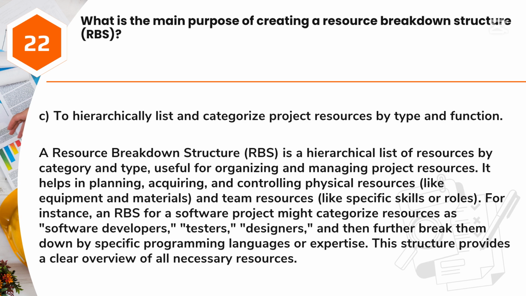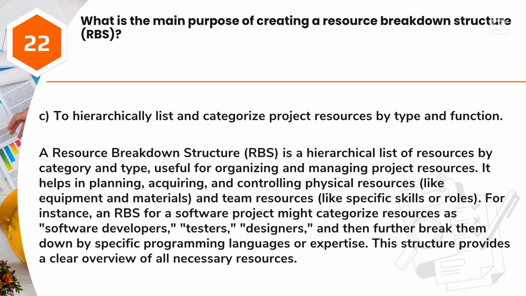Answer: C. To hierarchically list and categorize project resources by type and function. A resource breakdown structure, RBS, is a hierarchical list of resources by category and type, useful for organizing and managing project resources. It helps in planning, acquiring, and controlling physical resources, like equipment and materials, and team resources, like specific skills or roles.